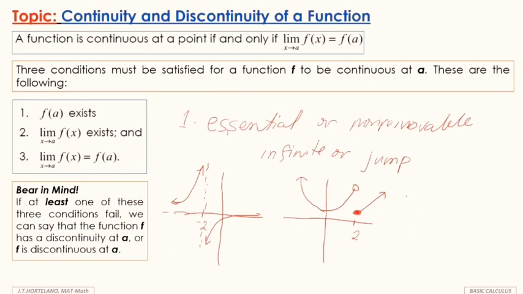So take note that for the jump discontinuity, the limit of the function f of x as x approaches a from left or from right, both exist, but they are unequal.